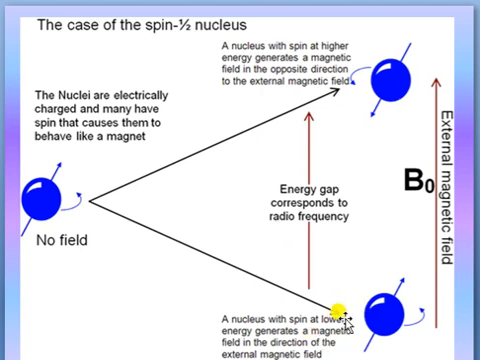So this is the alpha state and beta state. Now if we increase the applied field, that is B0, how does the population difference between the two states occur in the Boltzmann distribution?